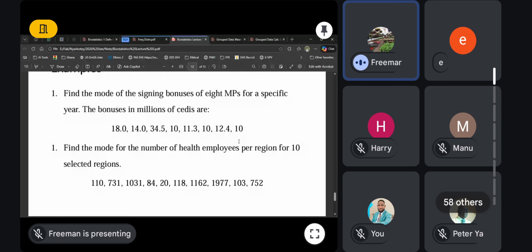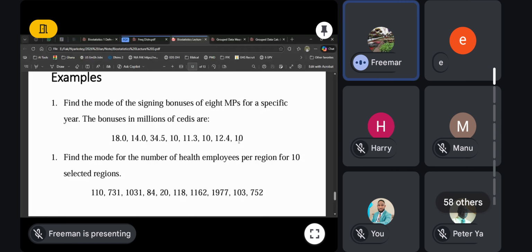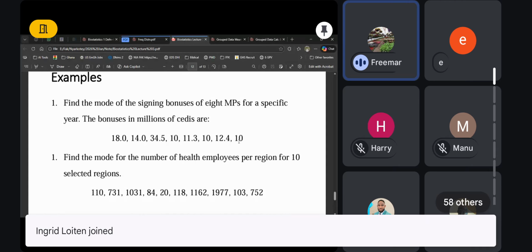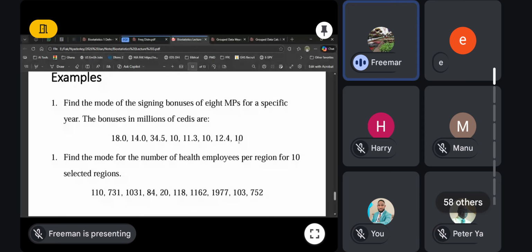Okay, find the mode of the signing bonuses of 8 MPs for a specific year. The bonuses are in millions of cedis. We have 18 million, 14 million, 34 million, 10 million, 11.3 million, 10 million, 12.4 million, and another 10 million.